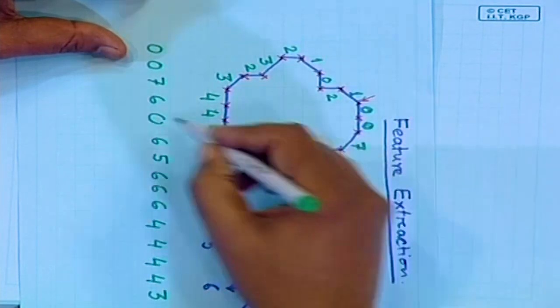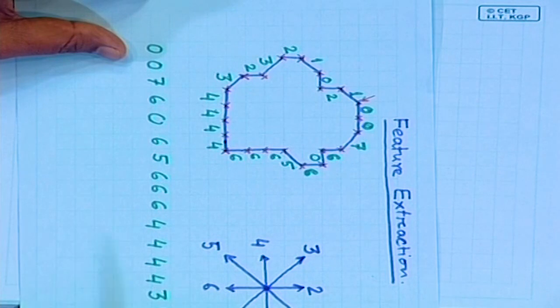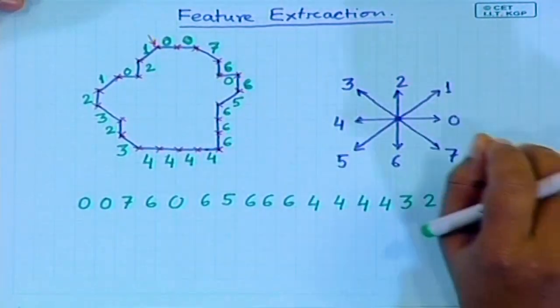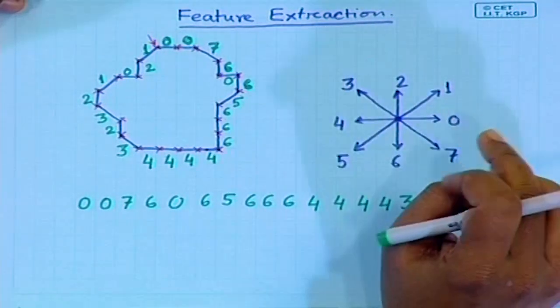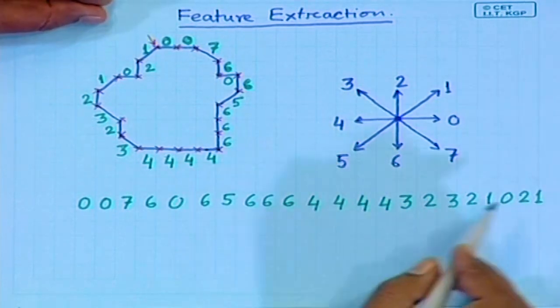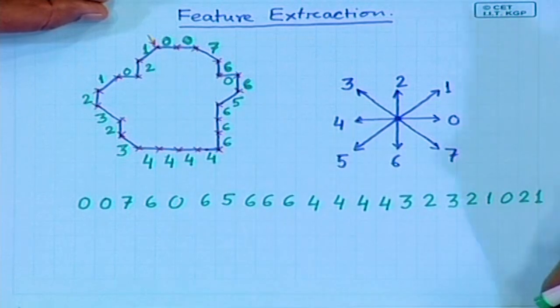Okay. So, the entire chain code representation which we had for the boundary position like this, if I rotate the boundary, the entire chain code will be different. So, using this chain code, I cannot recognize a shape which is rotated by an angle theta. So, what I need to do is modify this chain code so that it becomes rotationally invariant.